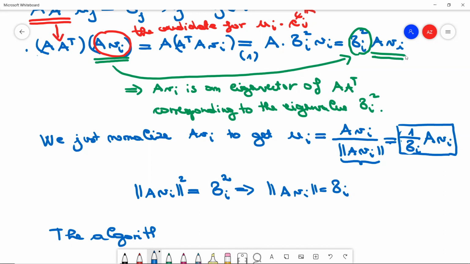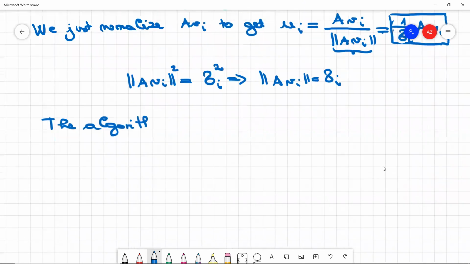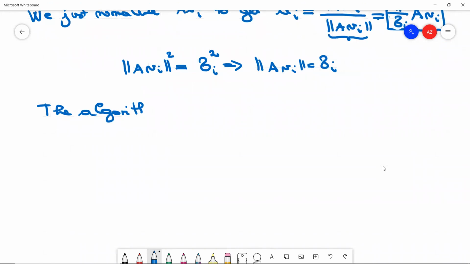Okay, let's extract now the algorithm for computing SVD.